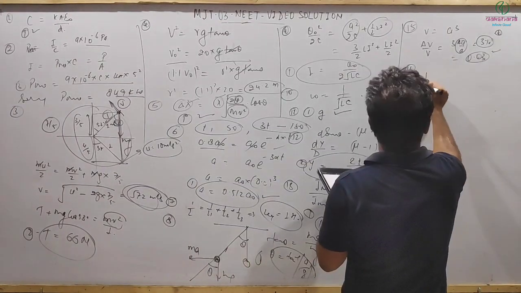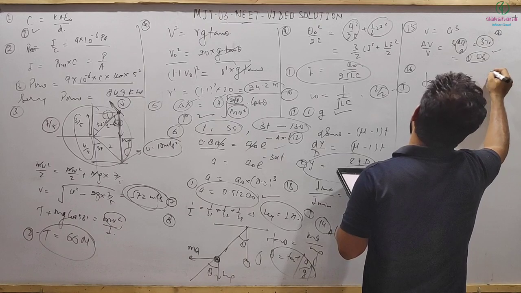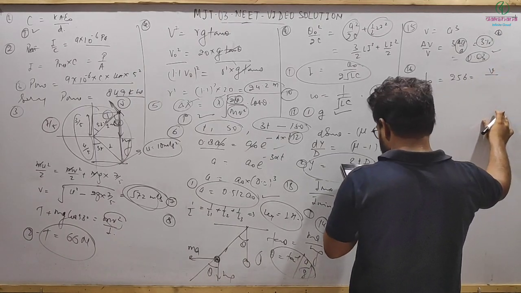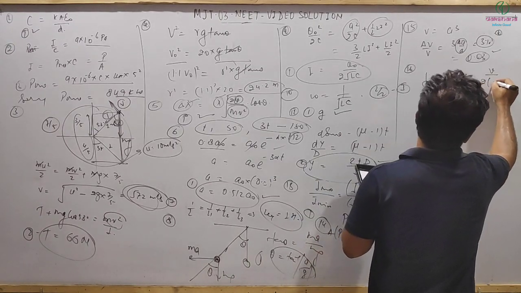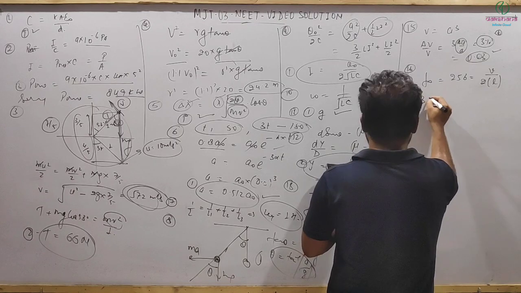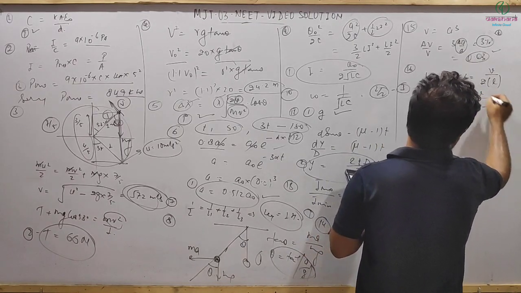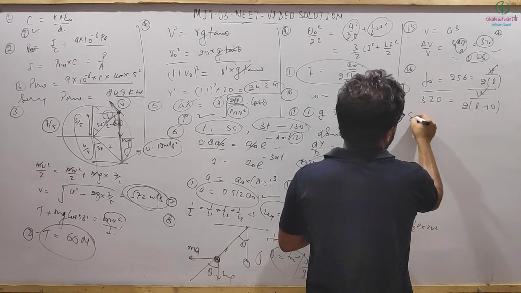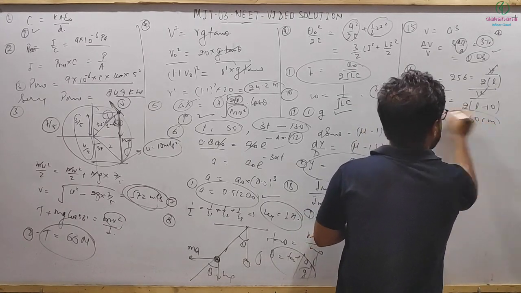So fundamental frequency f0 is equal to 256 equal to v by 2L, because the remaining things are constant, and in the next case, 320 equal to v by 2(L minus 10). So these are two equations; dividing and simplifying, we get L is equal to 50 centimeter.